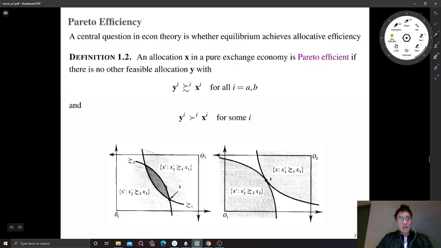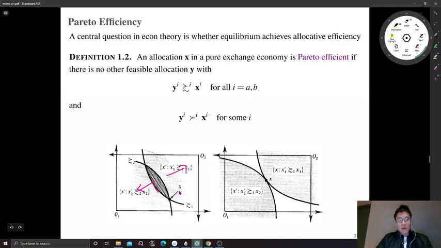So this indifference curve is for consumer B. By the way, this indifference curve is for consumer A. Okay, and obviously, if we move in this direction, consumer A is gonna be better off. And in this direction, we can make consumer B better off.